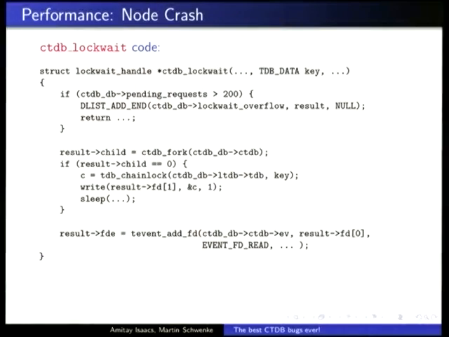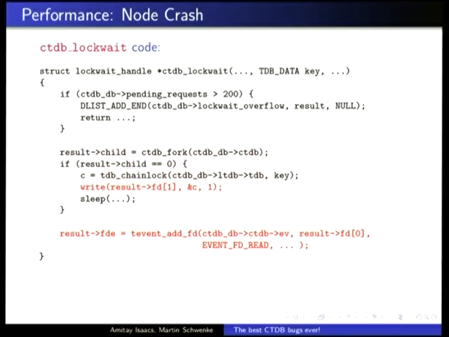Let's look at the code which actually does this. It's the CTDB lock wait. As you see, there is a wrapper for fork. We fork a child, then in the child process, we block on a TDB chain lock call, which is basically locking that record.